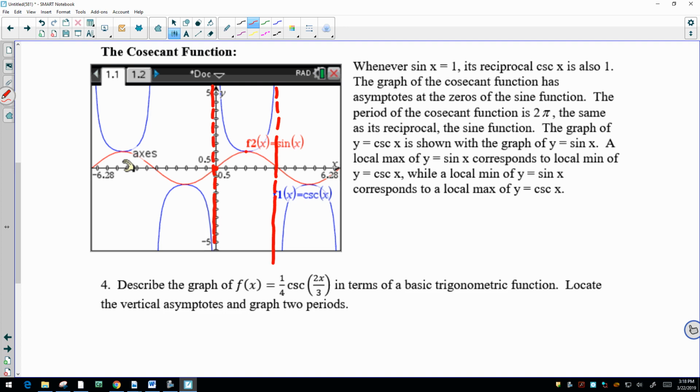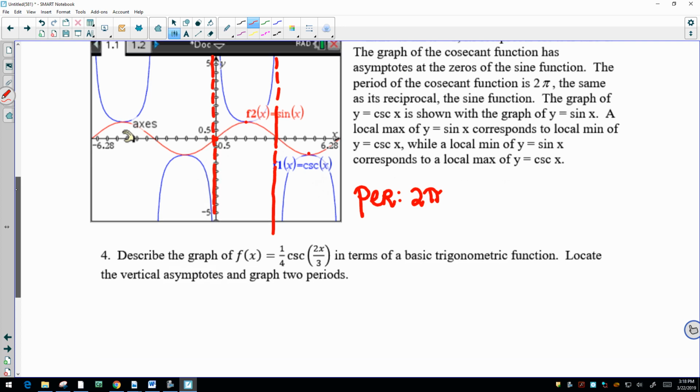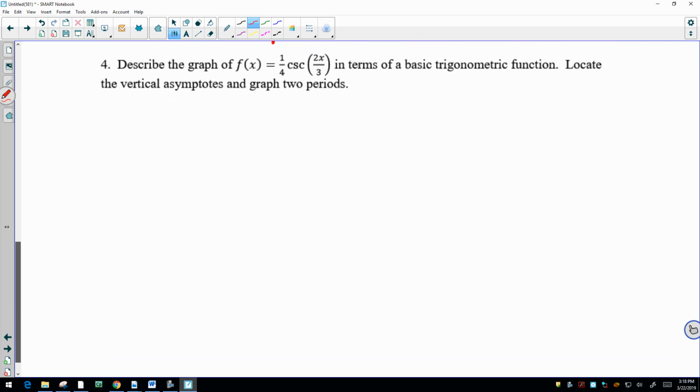A maximum of sine is the minimum for cosecant, and a minimum value for sine is a maximum of cosecant. Again, it's based off of the sine graph, so we're back to a period of 2 pi. Keep in mind why we have those asymptotes. If I have a reciprocal of 0, that means we're throwing 0 in the denominator. Now we're going to get undefined terms.